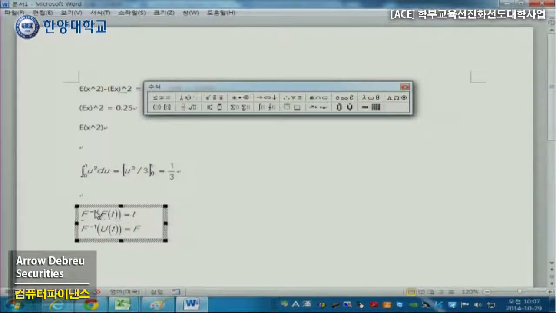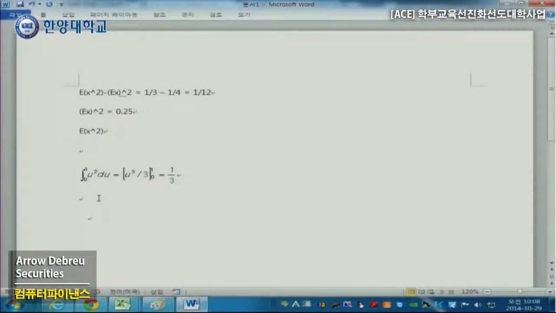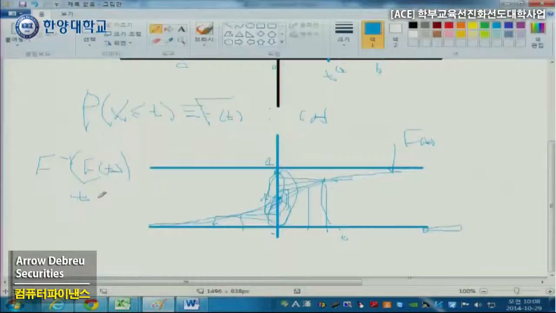So this is the F^-1. So this is the U. So if I apply it to the U... I forgot how to prove this. Sorry, I forgot how to prove this. There is a way to prove that. Shoot, this is such a long time ago.